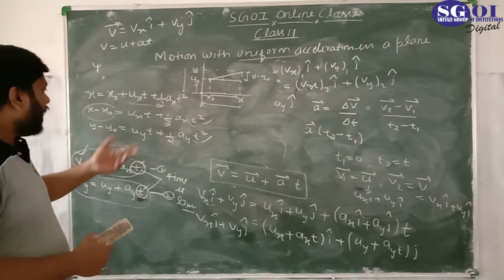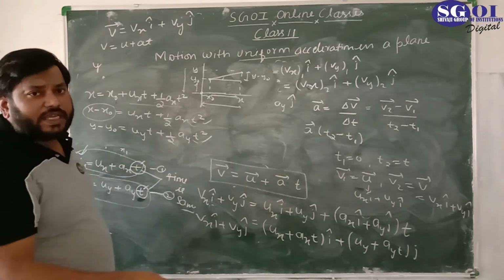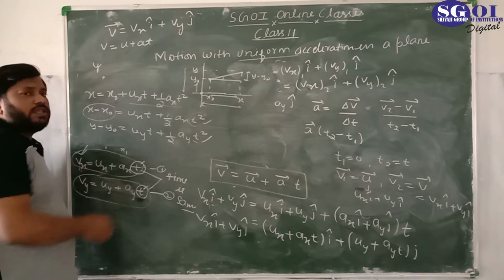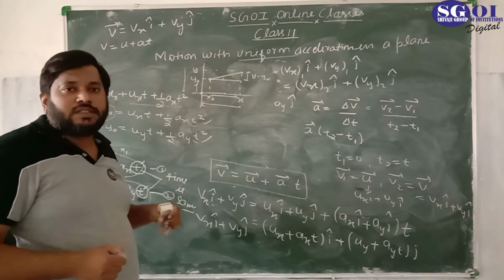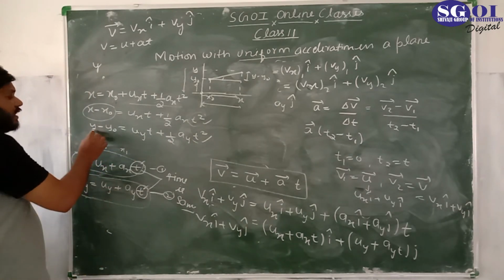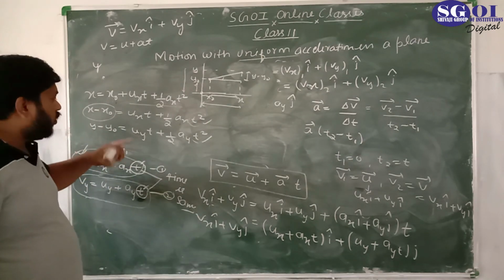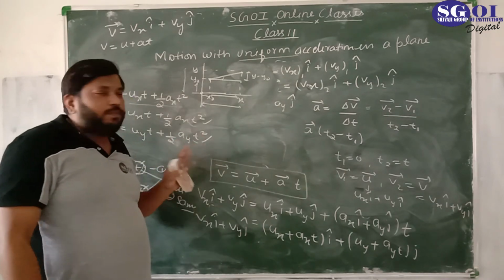Only the time is the same. If we take the displacement in the x-axis, the initial velocity would be u_x and the acceleration component would be a_x. In the same way, for the distance in the y-axis, the components change to u_y and a_y. Only the time is the same.